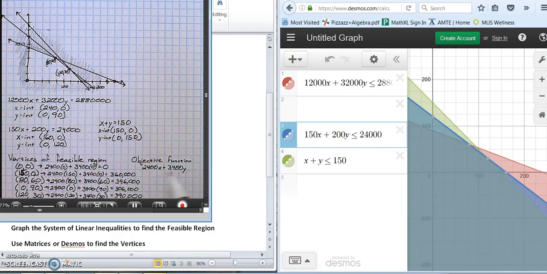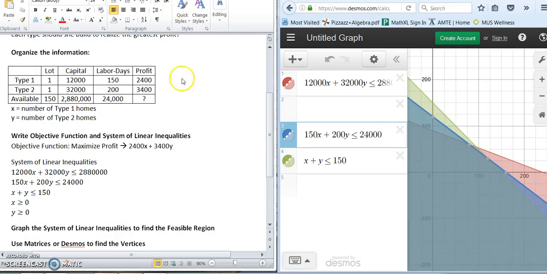So I'm looking to maximize my profit, and that would occur with the 396,000 profit, and I would look back at the ordered pair and see that that was 80 type 1 homes and 60 type 2 homes, which is interesting because that's a total of 140 homes. You'll remember earlier that we had available 150 lots.